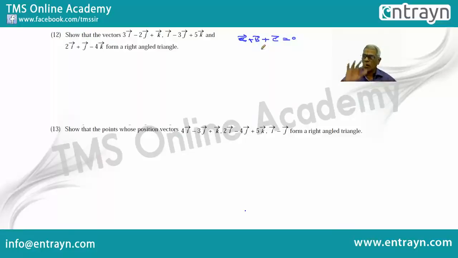A vector, b vector, c vector are the three vectors. In order that these three vectors form a triangle, we have to prove either a vector plus b vector plus c vector is equal to zero vector, or the sum of two vectors is equal to the third vector.